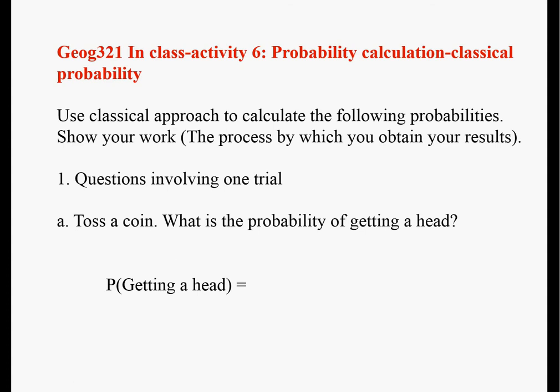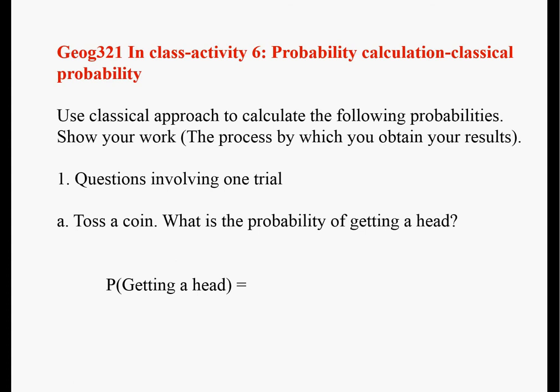Okay. Now, when you toss a coin, what are the total possible outcomes that you can possibly get? You have 2, right? Either head or tail. So the total possible outcomes of tossing a coin is 2. But the outcome that we are interested in is a head.